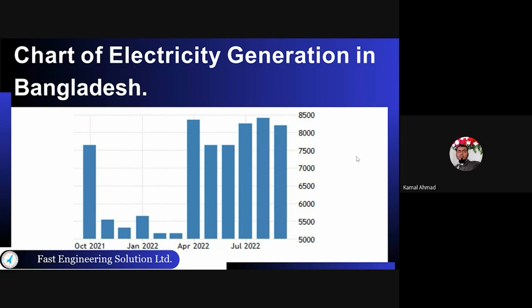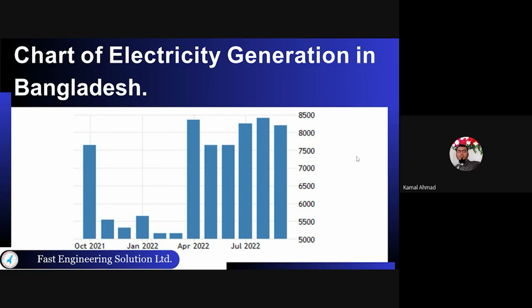From October to the 1st of April you see low demand and low generation of power. After that, from April to June and July 2022, power generation increased very rapidly, and power consumption also increased very rapidly.